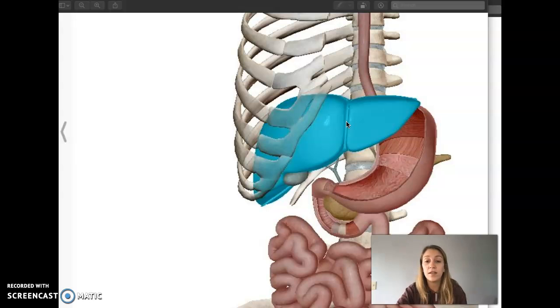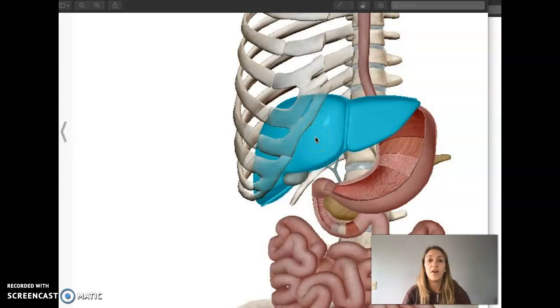And in relation to the rest of the body, as you can see, the liver is inferior to the esophagus. It is anterior and slightly superior to the stomach, and it is definitely superior to the small and large intestines, as well as the pancreas, that is posterior to the stomach.